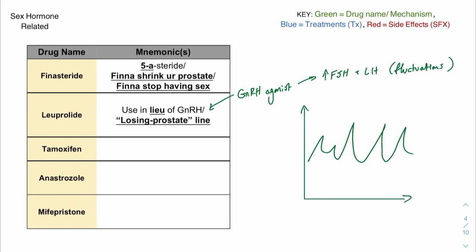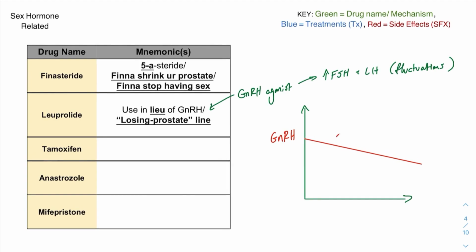But when it's actually given to fight cancer, it is given as a bolus, as in there is a sudden increase and then decrease, as in it is relatively constant compared to the rapid fluctuations. And when something is relatively constant, you can say it's basically a line, as in if you're giving someone Leuprolide, you're giving a losing prostate line by having the approximately constant amount of Leuprolide in their system.